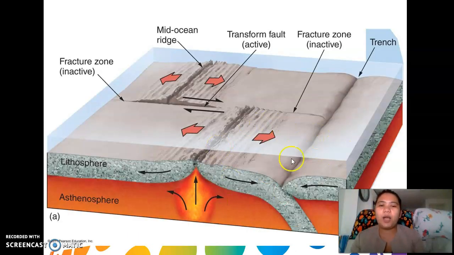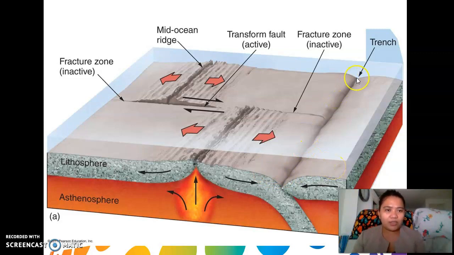Such as on this figure, as you can see, there are two plates moving towards each other. This interaction is covered with water, which means it happens on the ocean floor, because you have water on top of it. So this is an interaction between an oceanic crust and another oceanic crust.